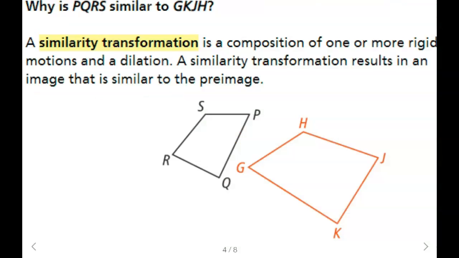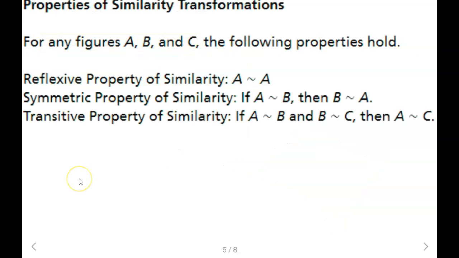Here's your official definition. A similarity transformation is a composition of one or more rigid motions and a dilation. A similarity transformation results in an image that is similar to the pre-image. Properties that are true for any similarity transformations.